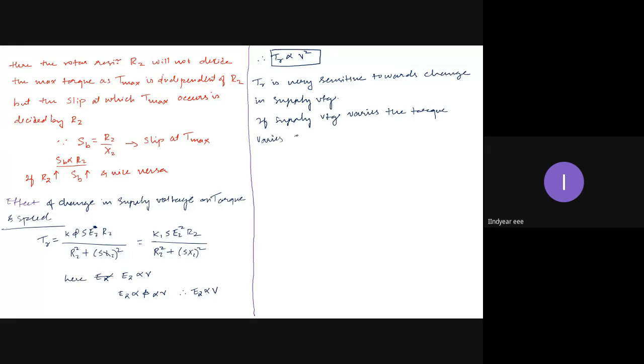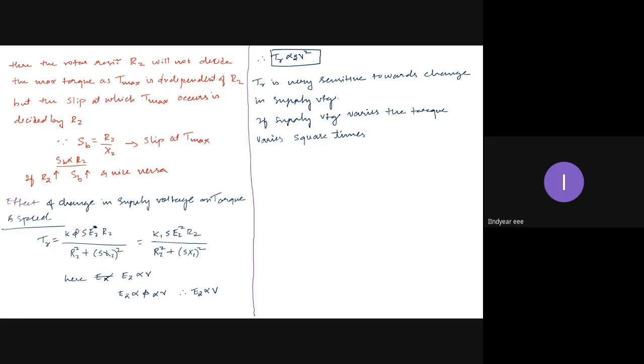It is proportional to S into V square, not only V square, because it is running torque. If it was starting torque, S was 1. The torque is proportional to S into V square. So when we are varying the supply voltage, we should be careful enough that small variations will also result in large deviation in the torque values.